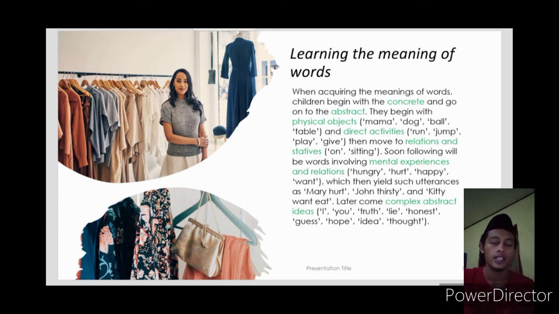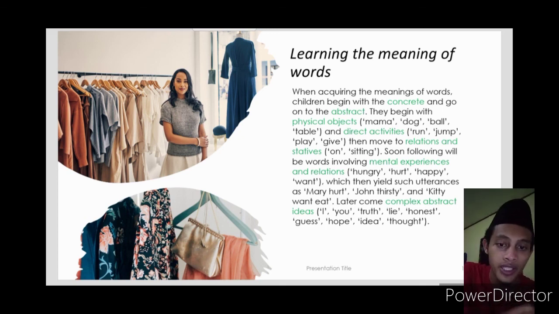And then after the relations in words, there is mental experience. For example, they want to eat, so here they feel hungry.